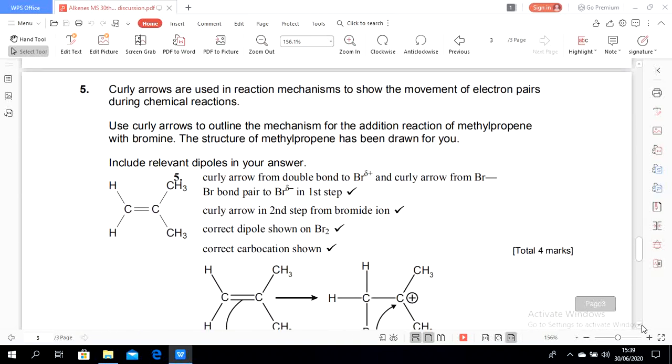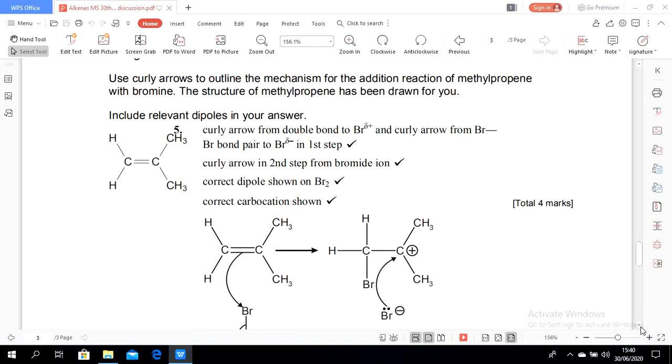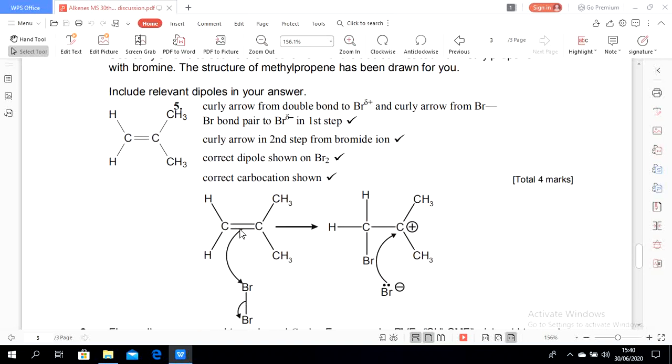Okay, next, number 5 on the last page. Curly arrows are used to show the movement of electron pairs during chemical reactions. Use curly arrows to outline the mechanism for the addition reaction of methyl propene with bromine. The structure of the methyl propene has been drawn for you. So in here we have to draw the curly arrow.